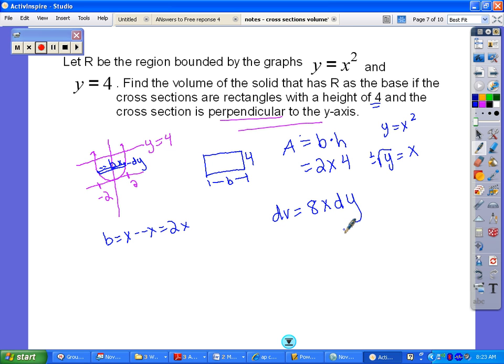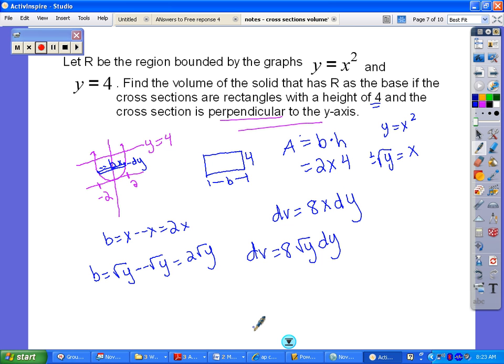Because we're talking about distance again, we use the positive, so dV would be 8 square root of y dy. If you put it in terms of y right away, it would be the square root of y minus the negative square root of y, which is 2 square root of y, which is what our base would be instead of 2x.